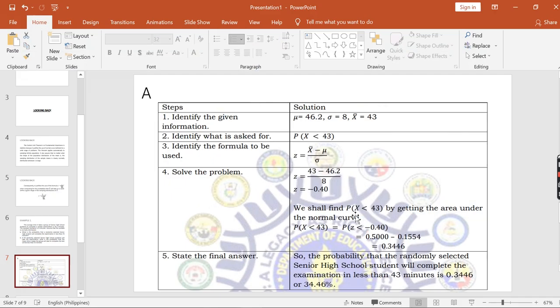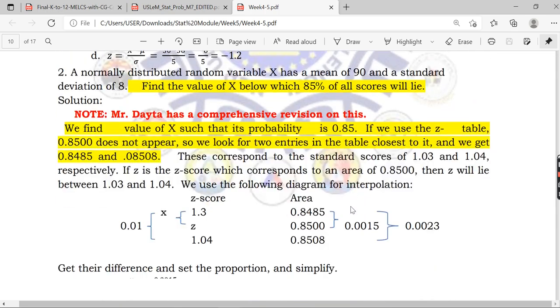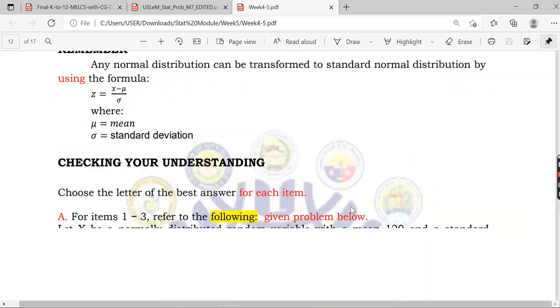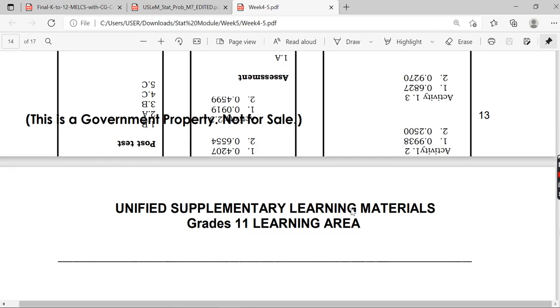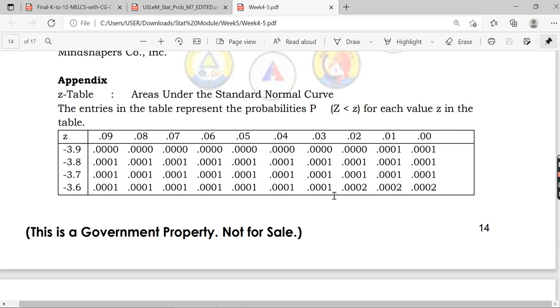Alright, so let's use the table that we used before. It's in here. Remember, guys, this table gives us the whole left part of the value that we are looking for.